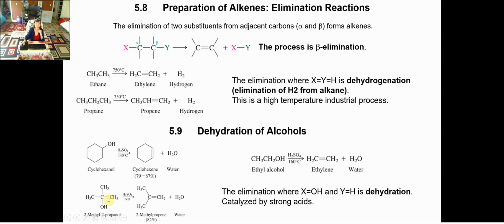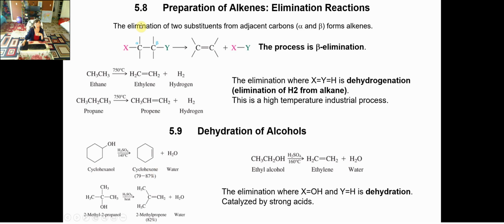Which one is considered alpha carbon? I will consider the carbon connected to OH as your alpha carbon. This carbon in the methyl group, all the carbons you call the beta carbon. These 3 beta carbons, they are identical. So meaning you remove a hydrogen from each of the carbon, they are essentially the same.